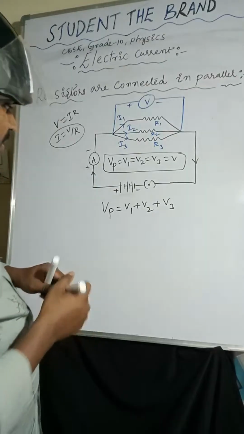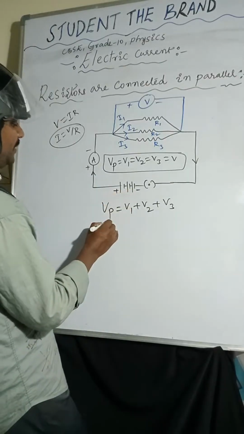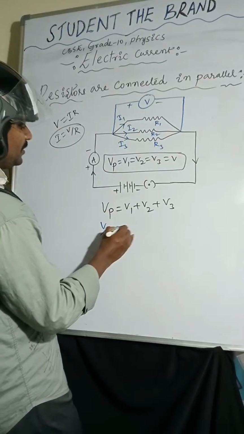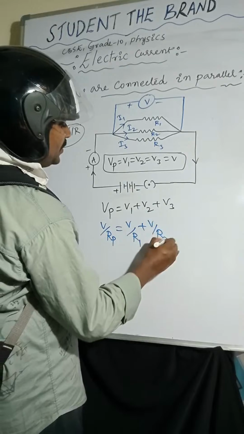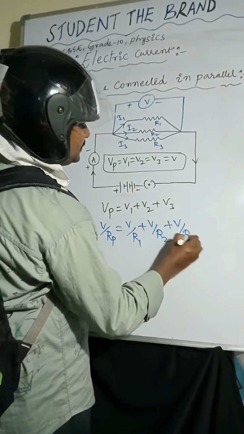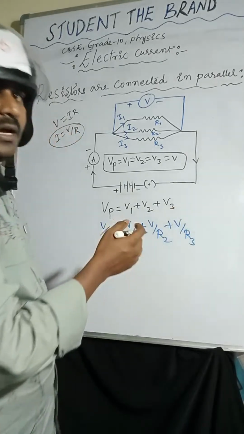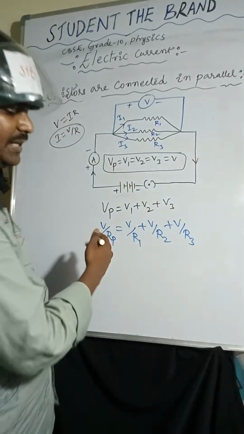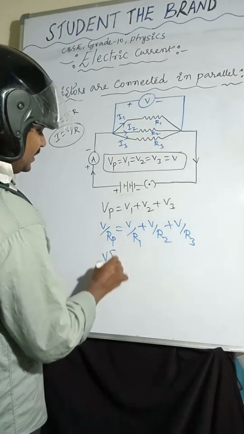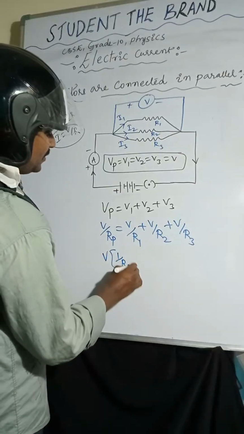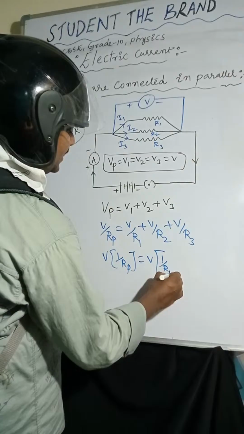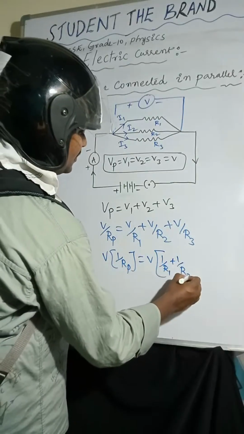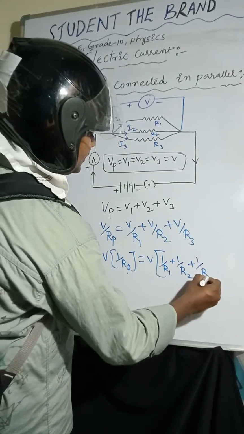So now V by Rp equal to V by R1 plus V by R2 plus V by R3. I'm taking V common, so 1 by Rp equal to V times 1 by R1 plus 1 by R2 plus 1 by R3.